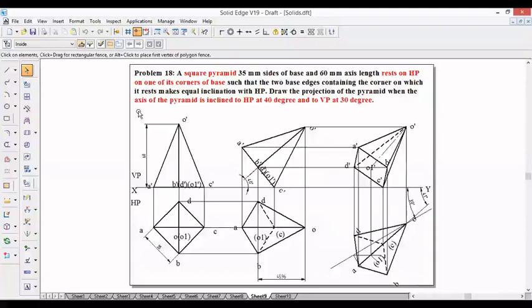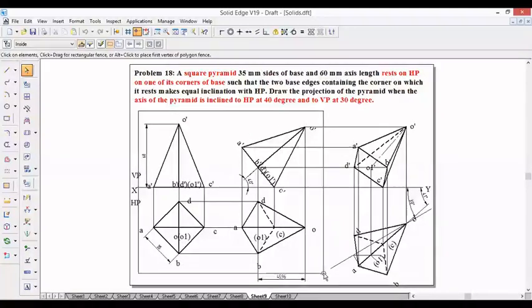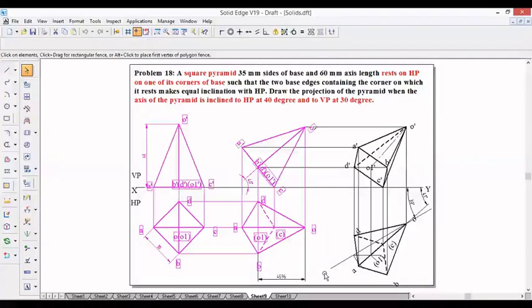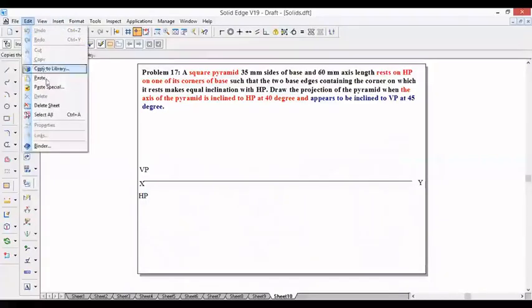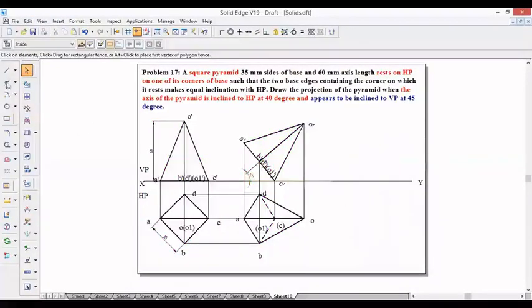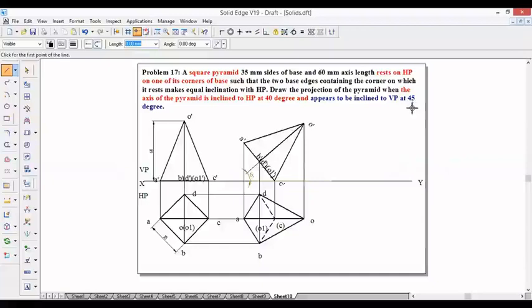To just minimize the time, I'll make use of the same data. Instead of constructing the locus, we need to go for construction of the apparent angle directly, that is a 45 degree line.